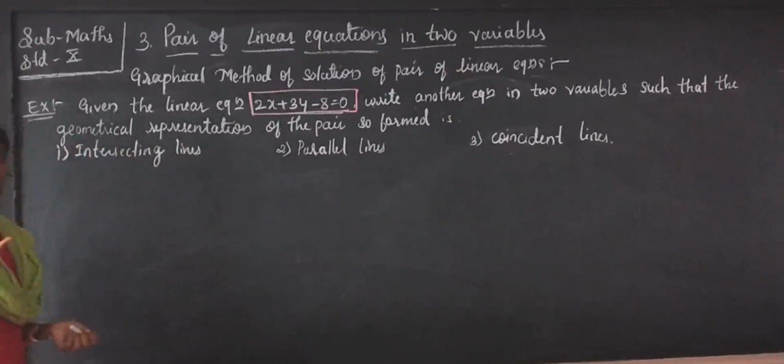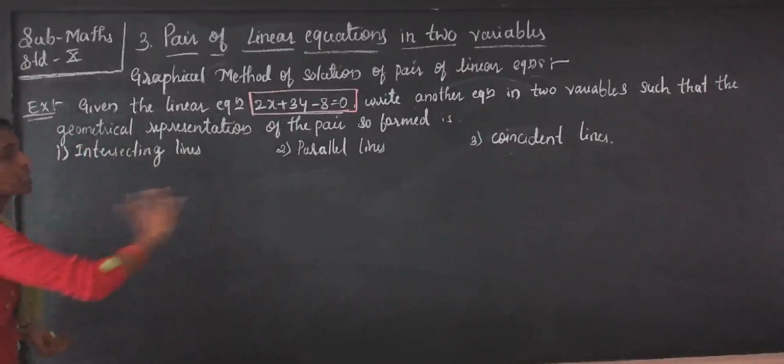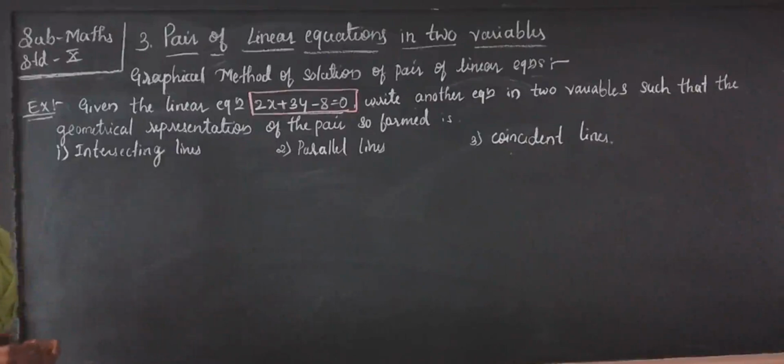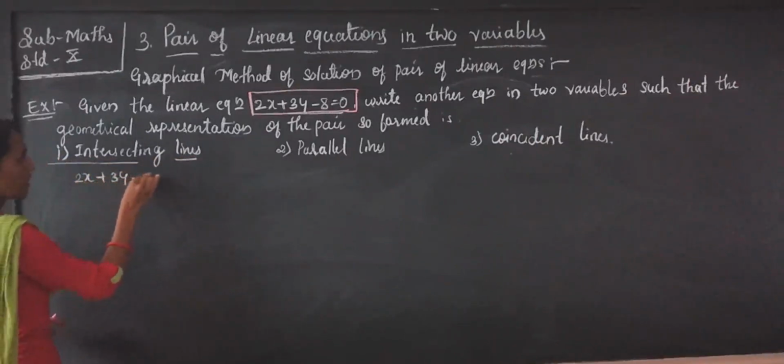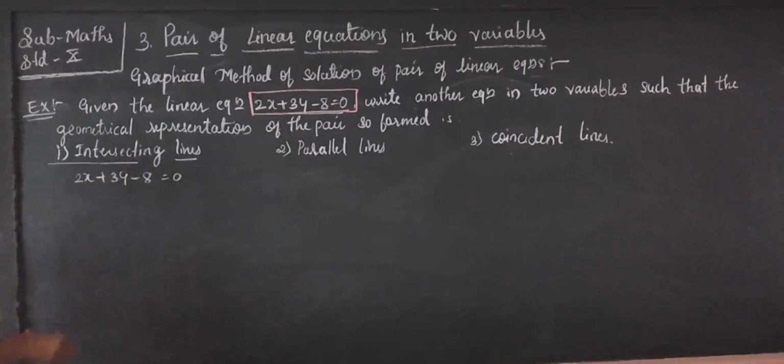So whatever another equation we are writing, in the three cases it has to become different. For the first one we are considering intersecting lines, 2x plus 3y minus 3 is equal to 0.